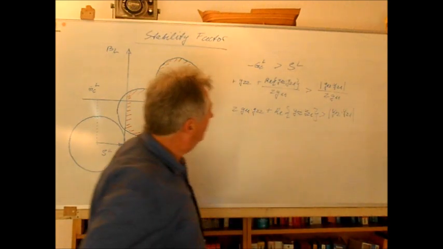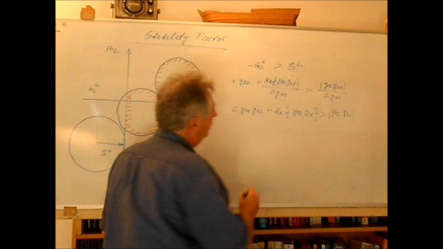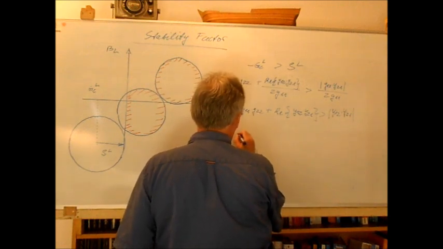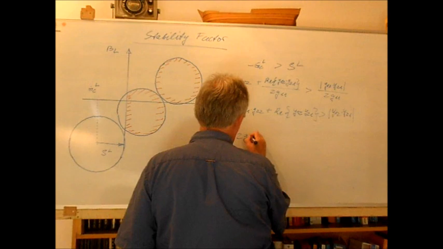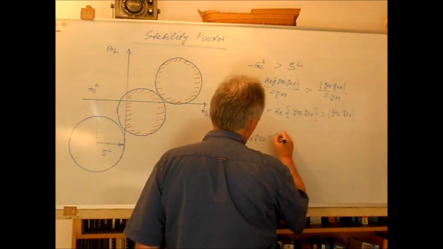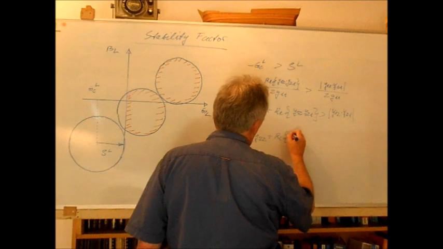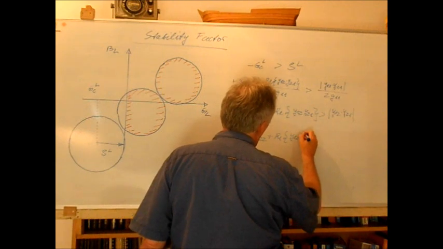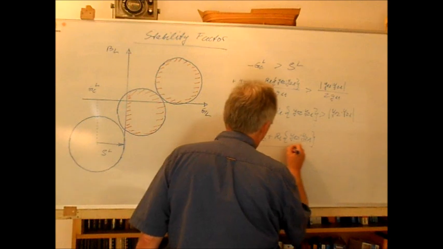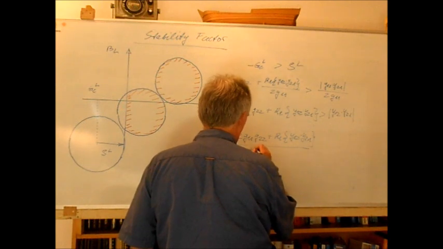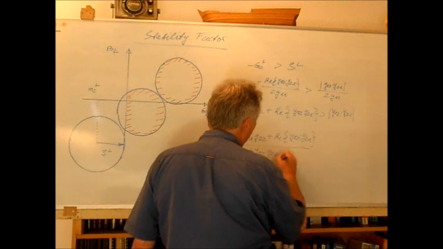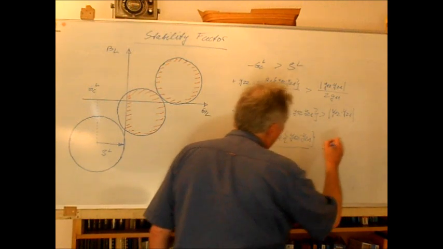Of course, this part is also positive, so we can divide it. So we end up with 2G11 G22 plus the real part of y12 y21, divided by the absolute value of y12 y21, and this must be greater than 1.